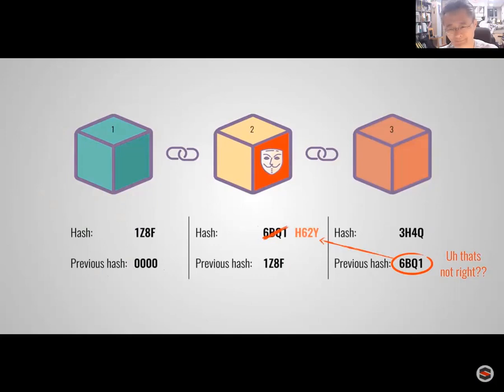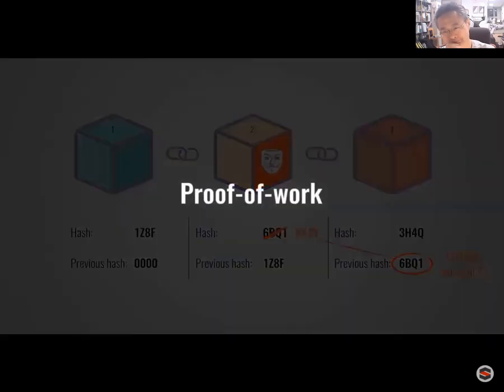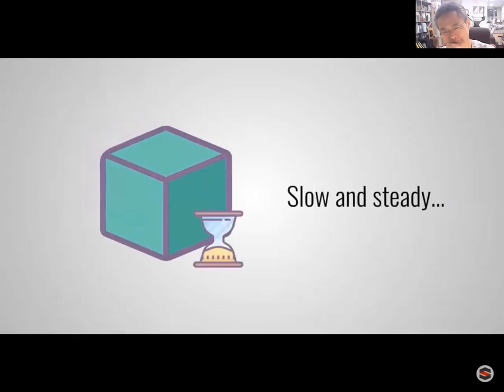But using hashes is not enough to prevent tampering. Computers these days are very fast and can calculate hundreds of thousands of hashes per second. You could effectively tamper with a block and recalculate all the hashes of other blocks to make your blockchain valid again. So to mitigate this, blockchains have something that is called proof of work. It's a mechanism that slows down the creation of new blocks.